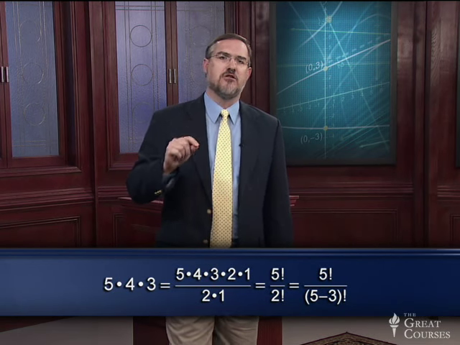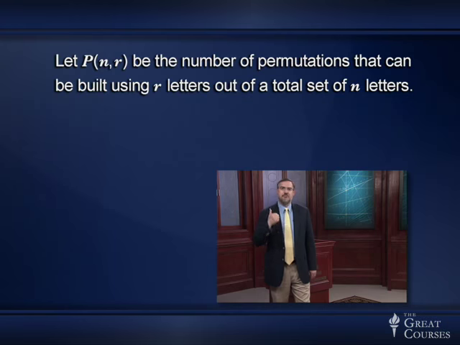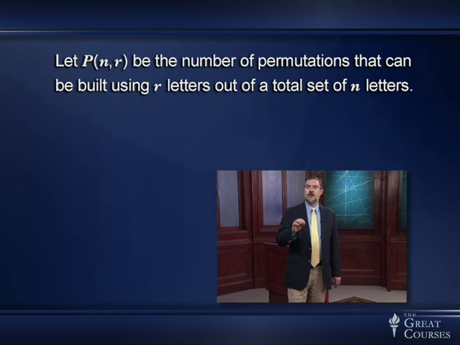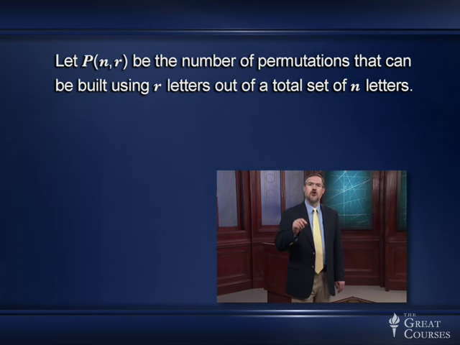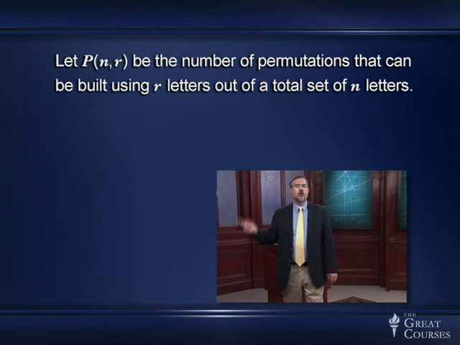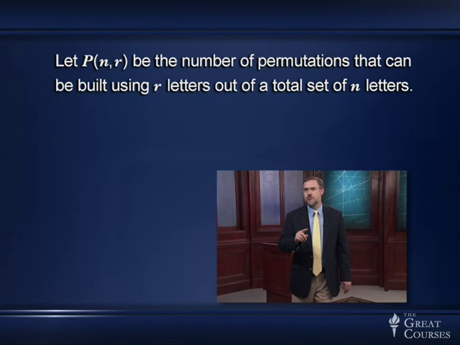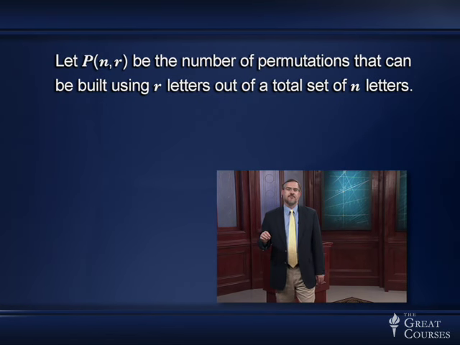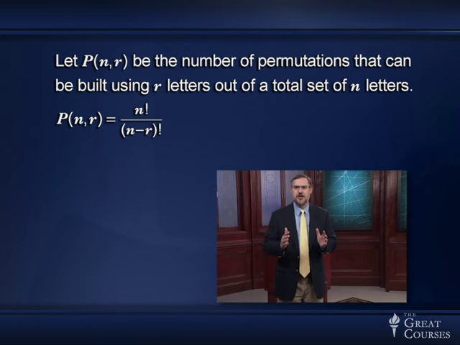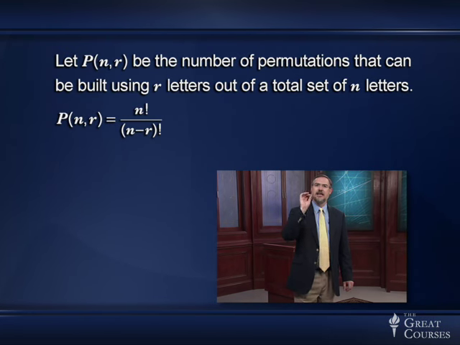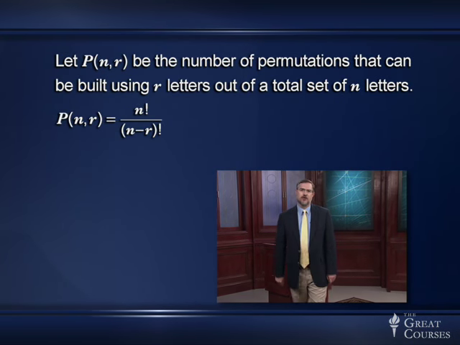And this gives us the motivation then for the following mathematical fact. Let P of n comma r be the number of permutations that you can build using r letters out of a total set of n letters. In my earlier example, r was 3 and n was 5. Then P of n comma r, which is trying to count this number of permutations, is exactly n factorial divided by n minus r factorial.